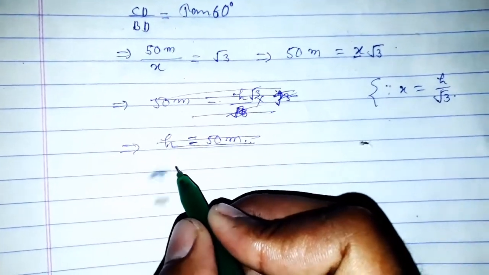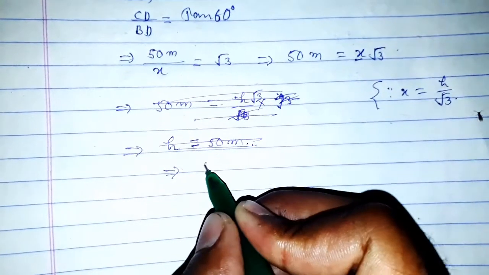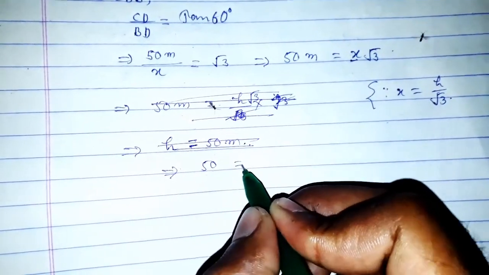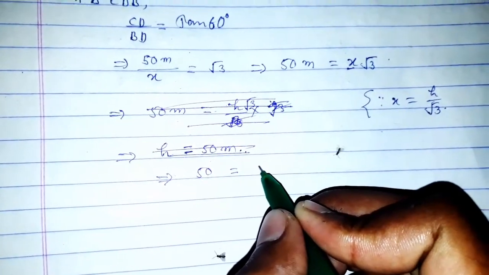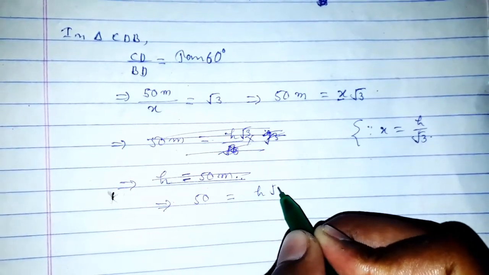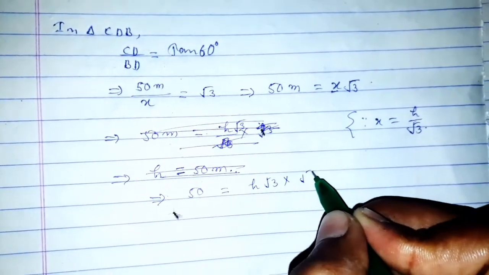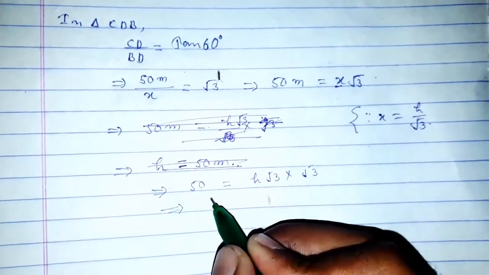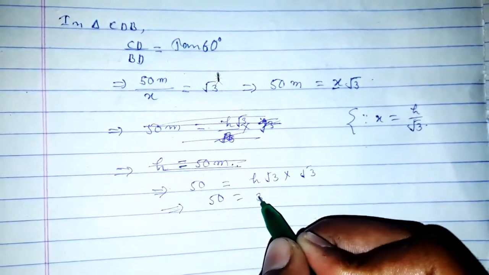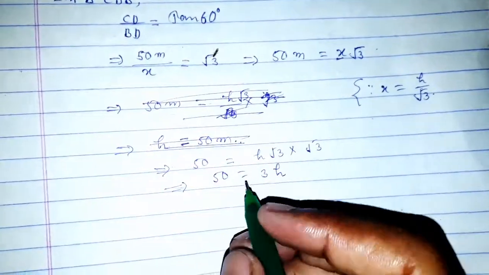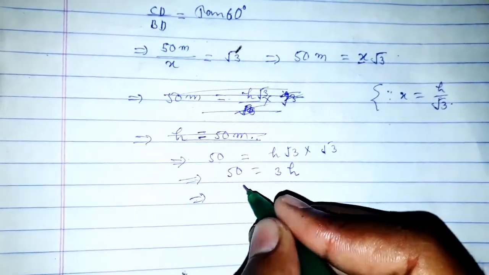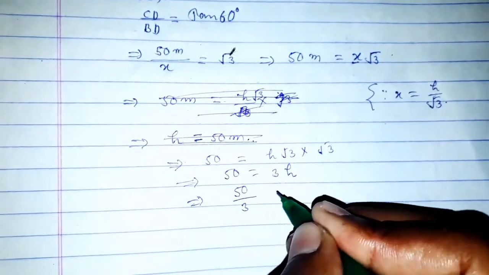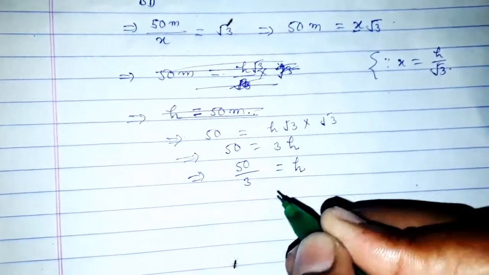So imply that 50 is equal to h root 3 into root 3. Root 3 into root 3 is 3. So 50 is equal to 3h. So 50 upon 3 is equal to h.